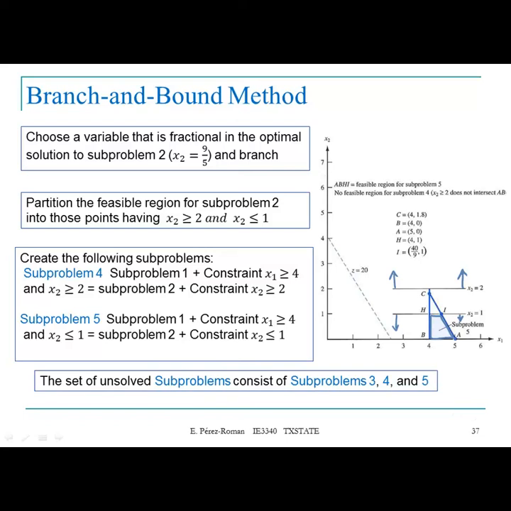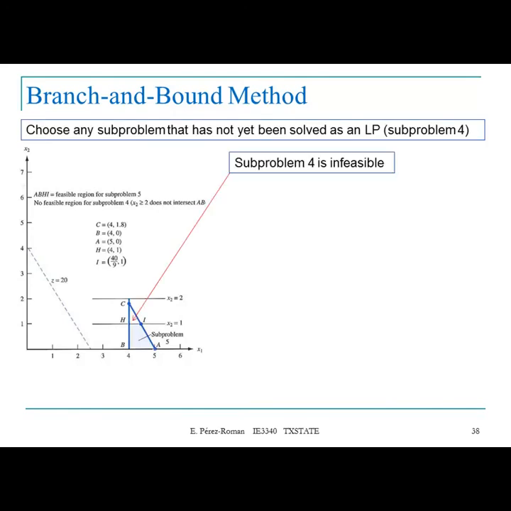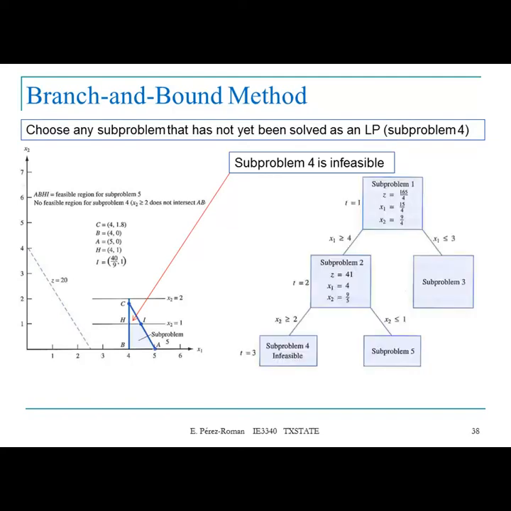Okay, so we have 3 subproblems that haven't been completed, subproblems 3, 4, and 5. Looking at this particular area now, which is subproblem 5. Subproblem 4 again is infeasible, so we can put that here. When you have this constraint, this is infeasible.